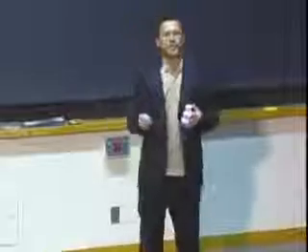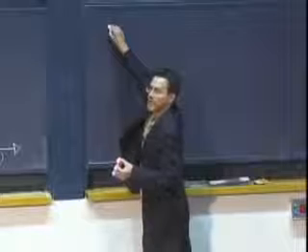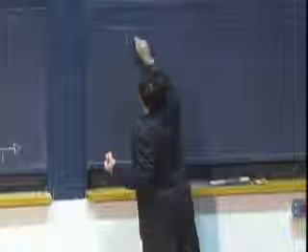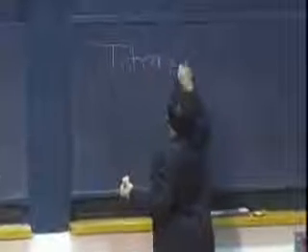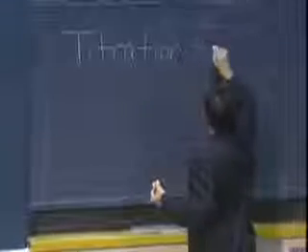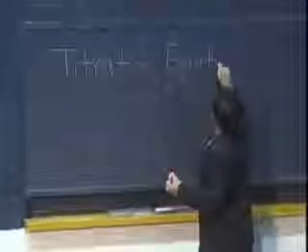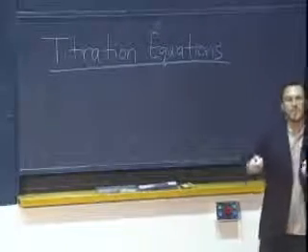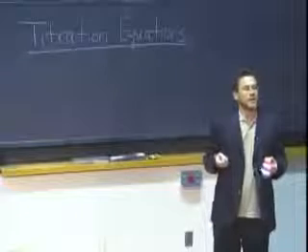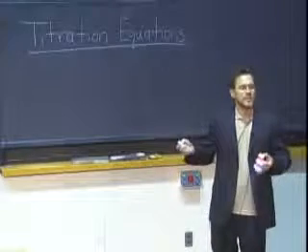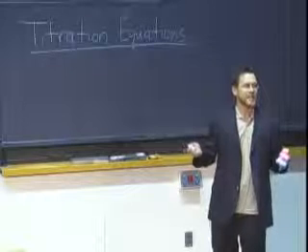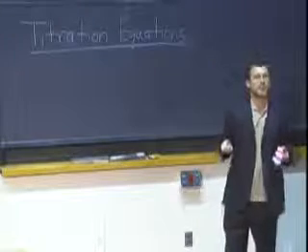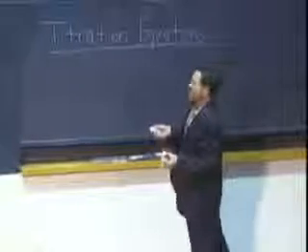And in order to do that here, I'm going to first point out that we can put together some titration equations. And ultimately, we're going to want to be able to generate a mathematical model for this titration. And then, if you're an experimentalist, you want to go ahead and take that mathematical model and compare it to actual experimental data. But let's work on getting a model generated here.